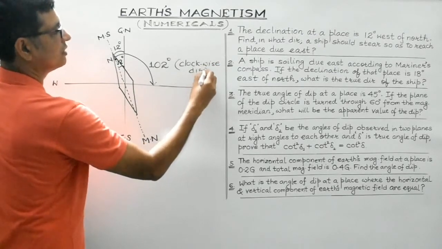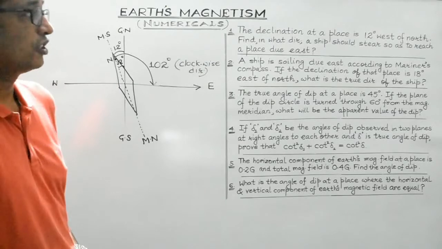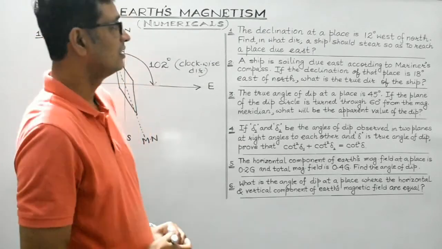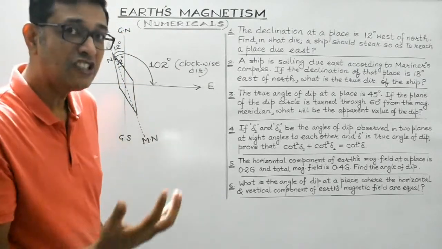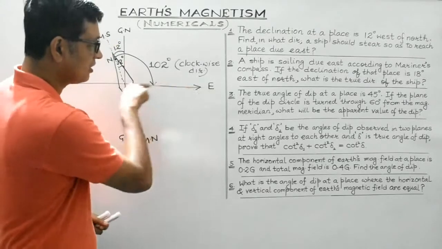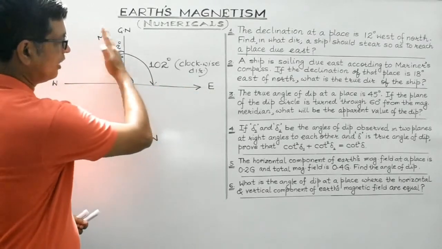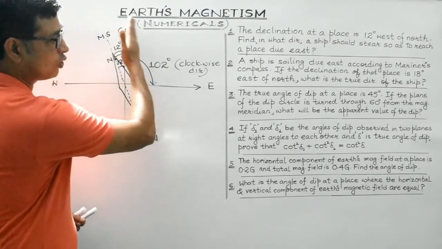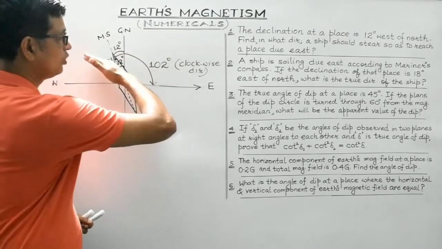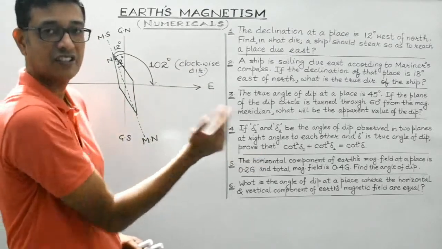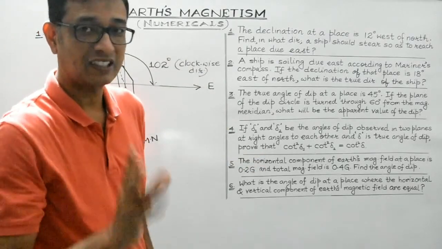So this is the answer, students. The ship must steer from its original position at an angle of 102 degrees in the clockwise direction. Clear, students? So that's the answer.